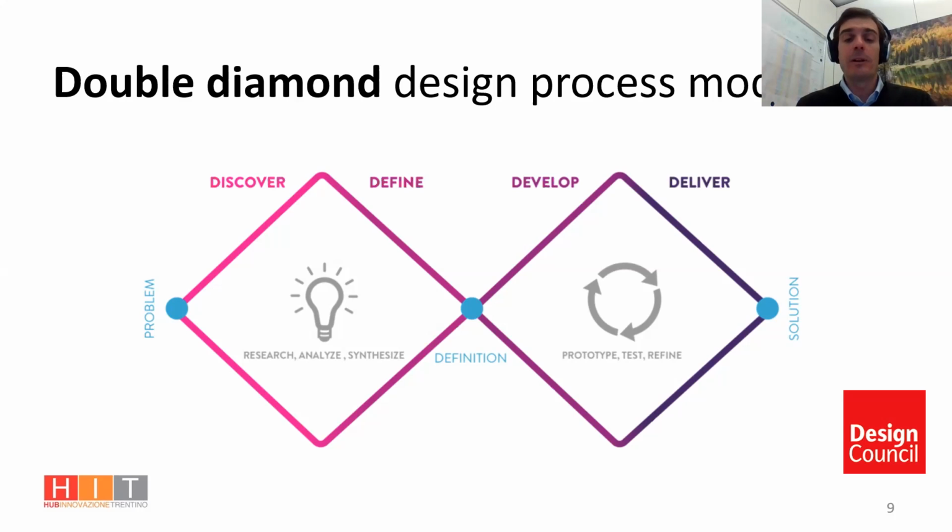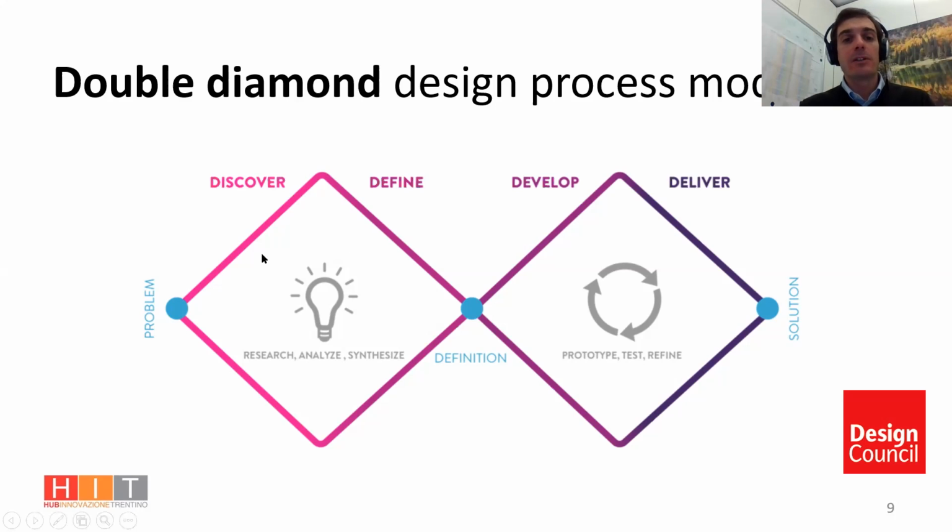It's not really actionable. However, what I like about this process model is that it clearly shows you two very important things about design thinking. The first is that in design thinking, you have to continuously keep on diverging, meaning that you have to create many ideas, many options, and then you have to converge after that, meaning that you have to decide which solution, for instance, you want to deliver.